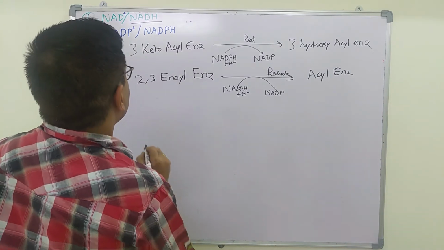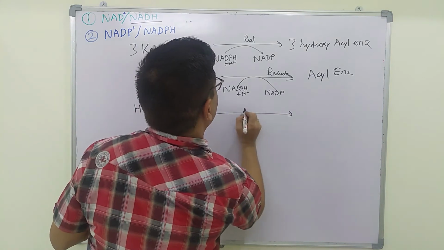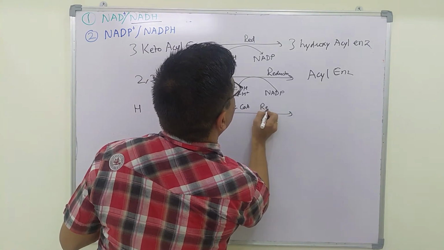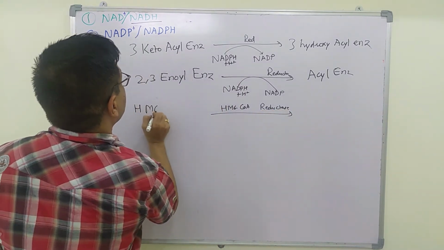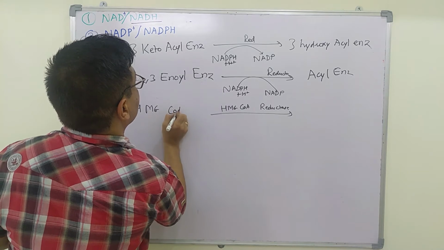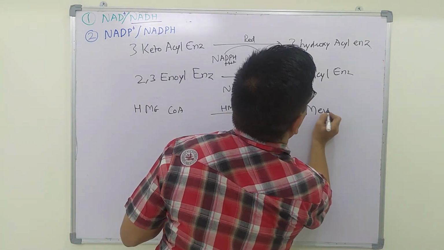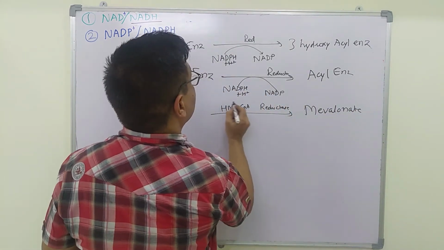Then HMG-CoA reductase acts on HMG-CoA to form mevalonate in cholesterol biosynthesis.